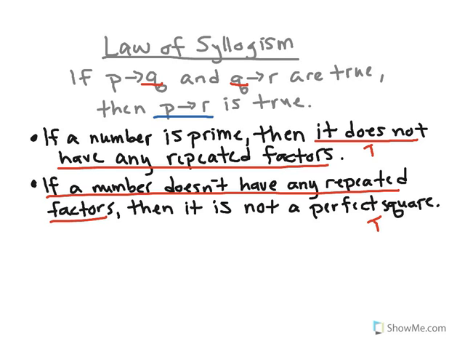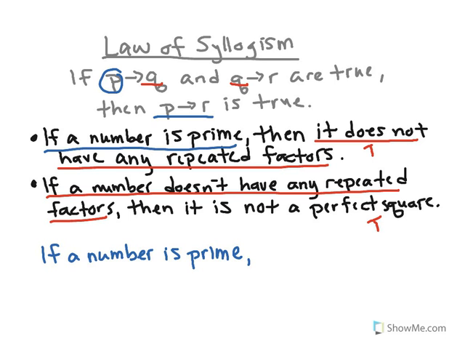P was the hypothesis of my original statement, so I'm going to write that down. If a number is prime, that was that P part. Now the next part says, if P then R. Well, R was the conclusion of my second statement, which is, then it is not a perfect square.